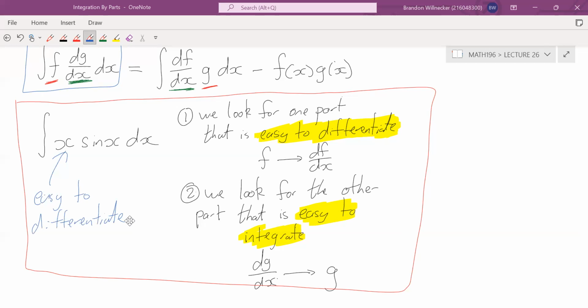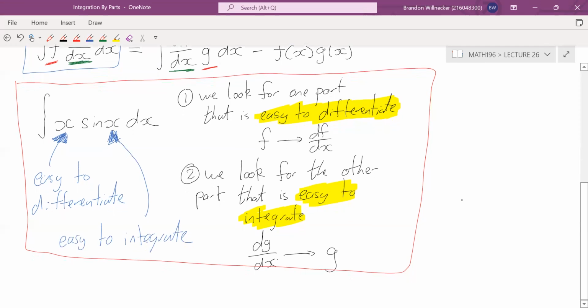That's getting more complicated. We want this to become easier to do. So we choose to differentiate x, and then that just leaves us with sine of x, which we can then integrate. So we've got our two parts there. That's why we call this integration by parts, because we're splitting it up into two parts.